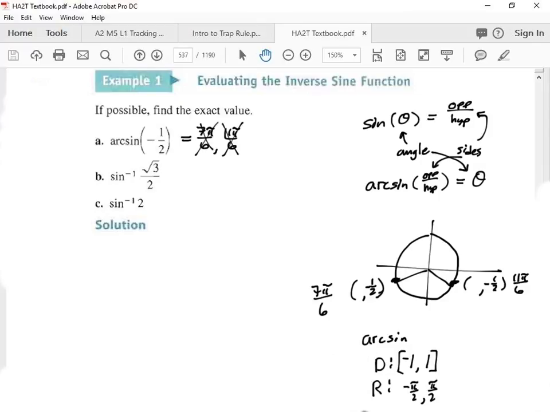And we just went over in detail why this is true. But now since we know these two facts right here, now we can look at this and say, oh yeah, both of those are not in this range. Our range, -π/2 to +π/2, is only going to be angles in the first and the fourth quadrant.